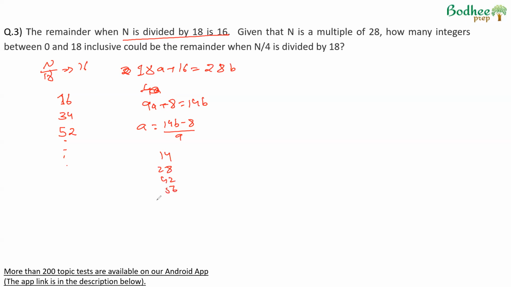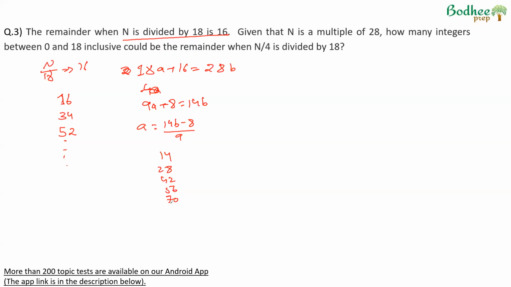The sum has to be 17. Further numbers: 70, 84, 98.